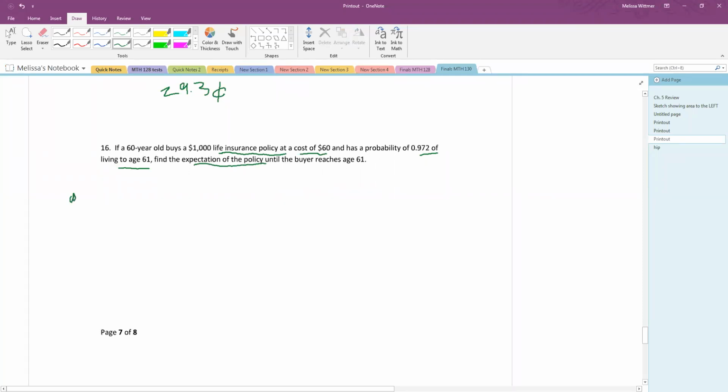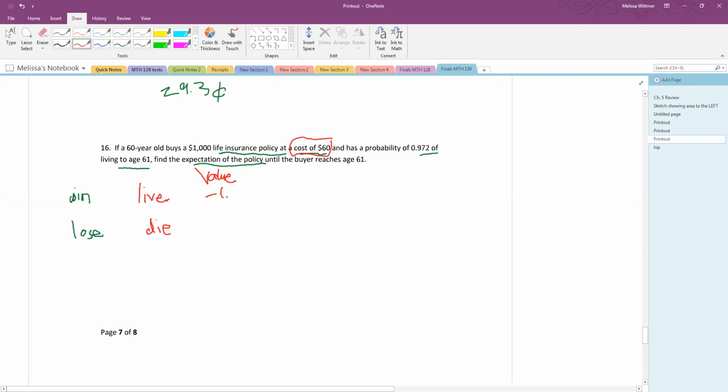So just like before, when I set up my expected value table, I'm thinking of win and lose. But in the context of this question, I need to think of it more as, is the person going to live or will they die? So you could think of that like a win and a loss. So these are the outcomes. Now I need to associate these outcomes with a value. So if the person lives, they bought this policy, they spent $60.